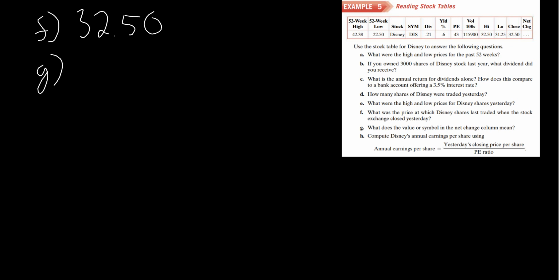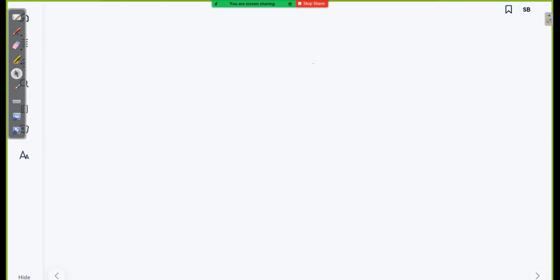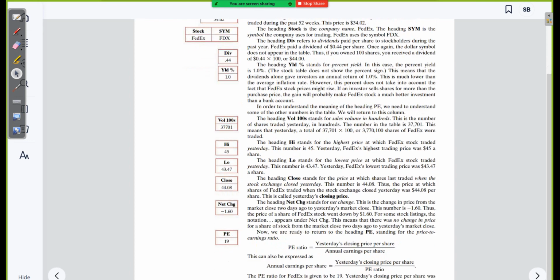G. What does the value or symbol in the net change column mean? Well, let's go back and look at our text. Net change, it makes a lot of sense. It's just basically a change from one day to the other. This over here is a symbol for FedEx. This is a change in price from the market close 2 days ago to yesterday's market close.